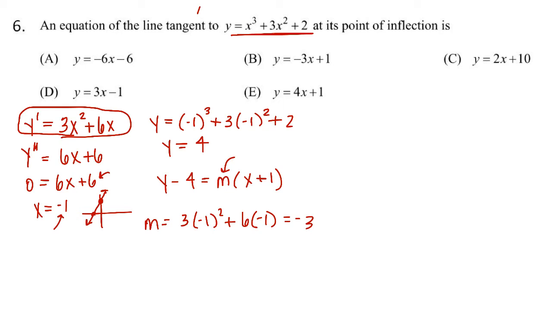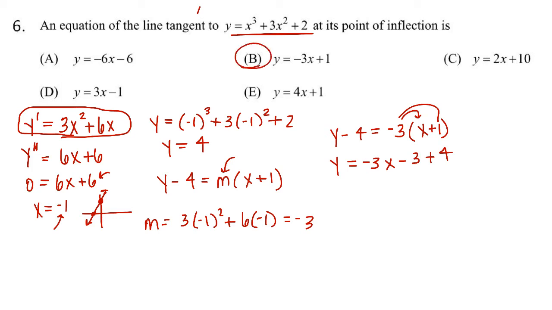Now we have all the pieces we need to finish writing that equation. We have y minus 4 equals -3 times x plus 1. So y is going to be equal to -3x minus 3 and then plus 4. So that looks like we're going to have answer choice B.